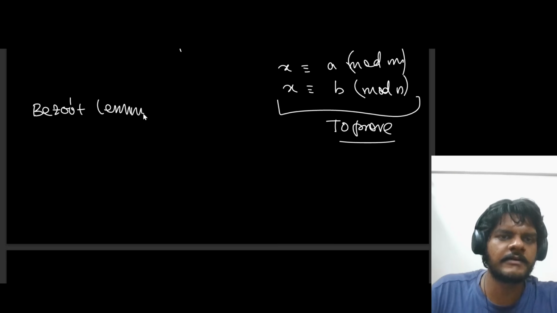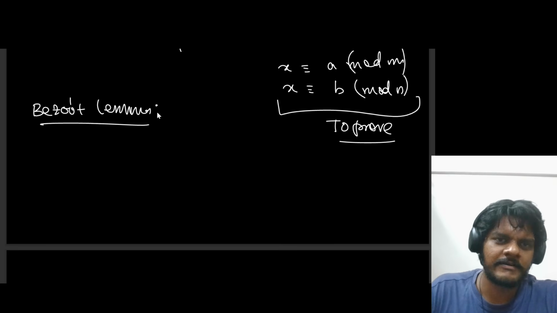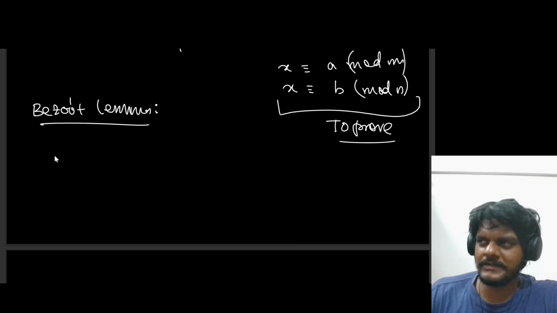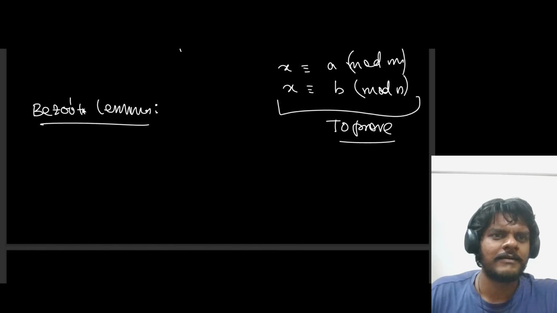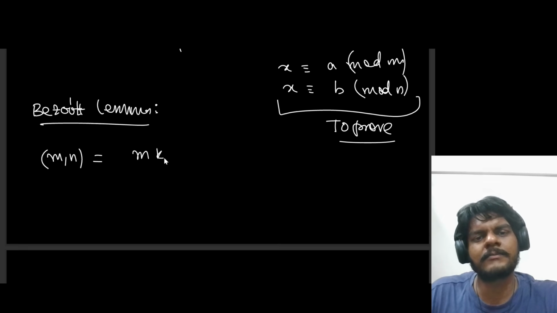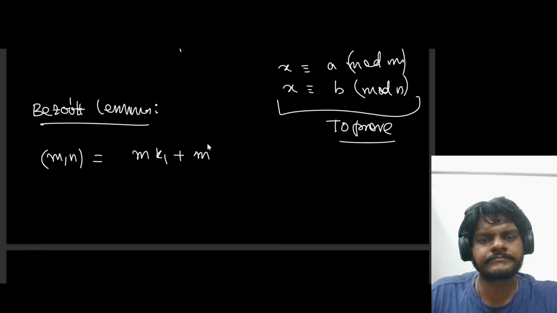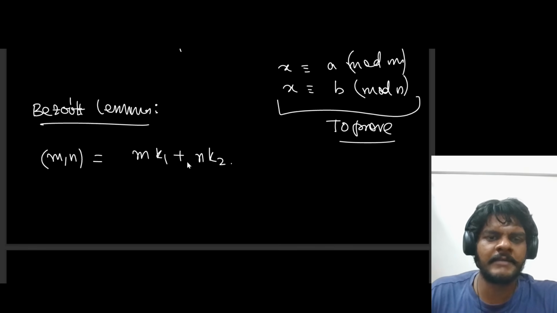What is Bezout lemma? And the subjective tip is that you should try to prove Bezout lemma. It's not hard also. You need to know proofs and all that, they will test all these things. This is totally normal. So what does Bezout lemma tell us? That the GCD can be written as a linear combination of m and n.